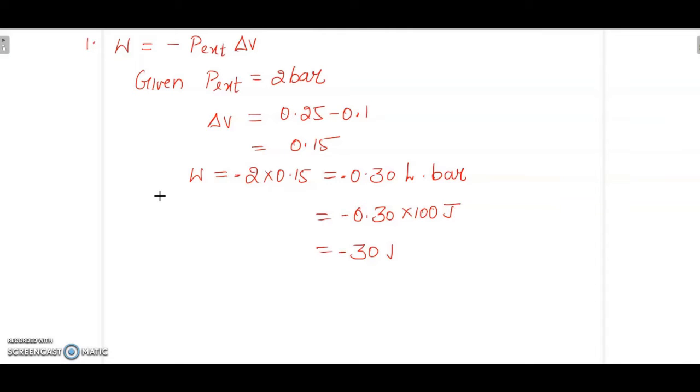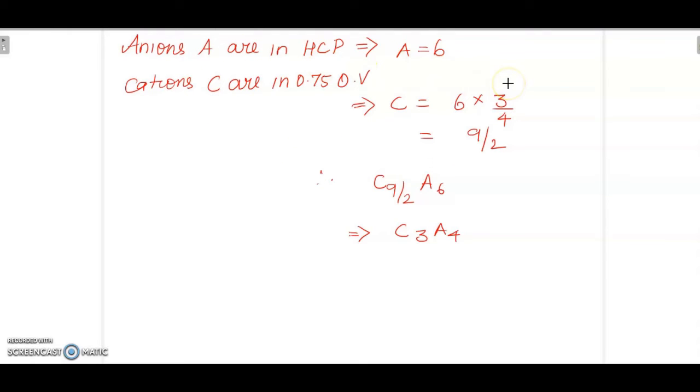Anions A are in HCP, so A equals 6, and cations occupy 0.75 of the octahedral voids. So C is equal to 6 into 3 by 4, which is 9 by 2. So we get the formula as C3A4.